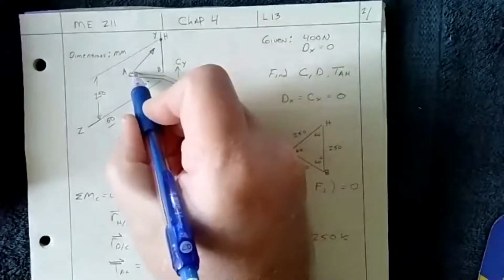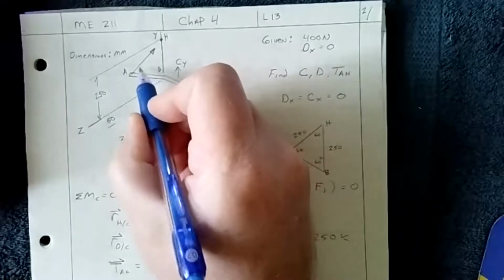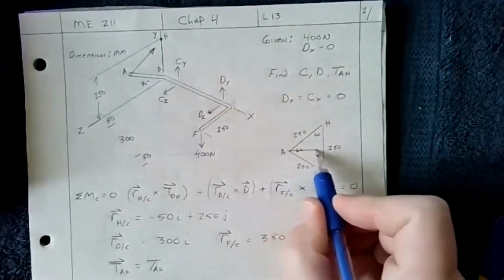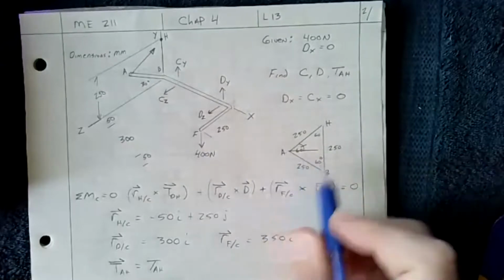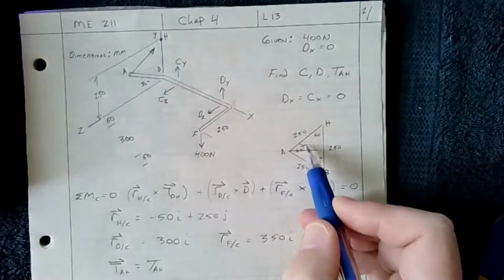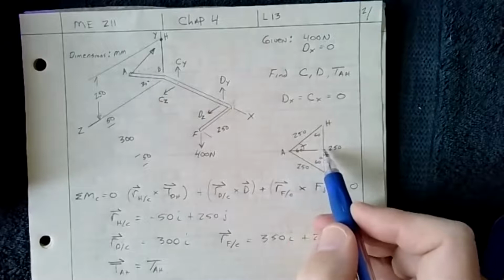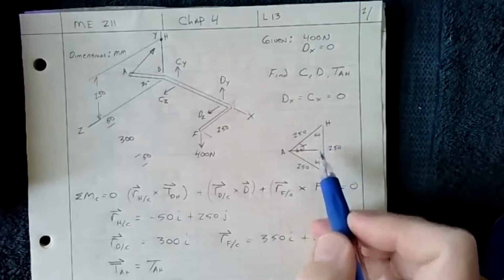Because that's an equilateral triangle, this turns into a 30, 60, 90 triangle. So if we draw this here, then we know that our distance in the Z is just going to be the cosine of 30 times AH, and our distance in the Y is just going to be the sine of 30 times AH.